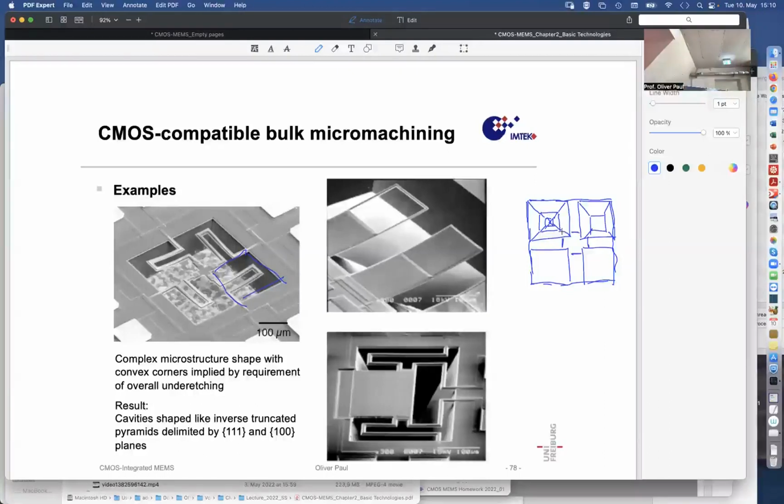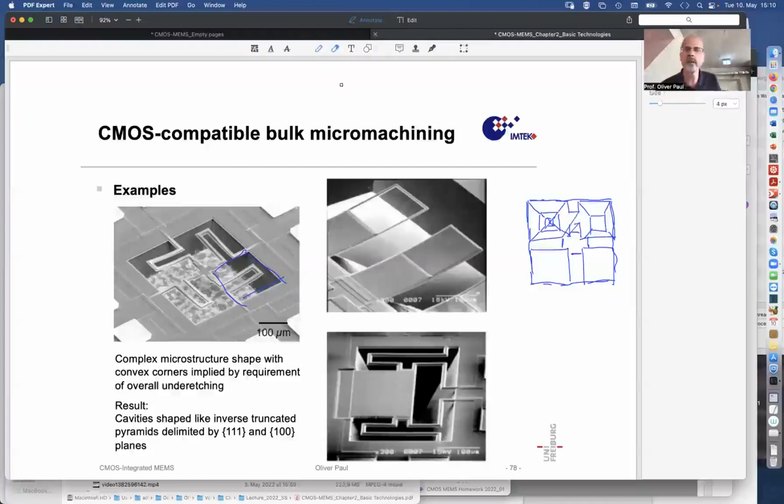And the way to let this etching create this big cavity, we have to have these cavities overlap somehow. So for instance, if I cut this here also, like this, then what would happen?